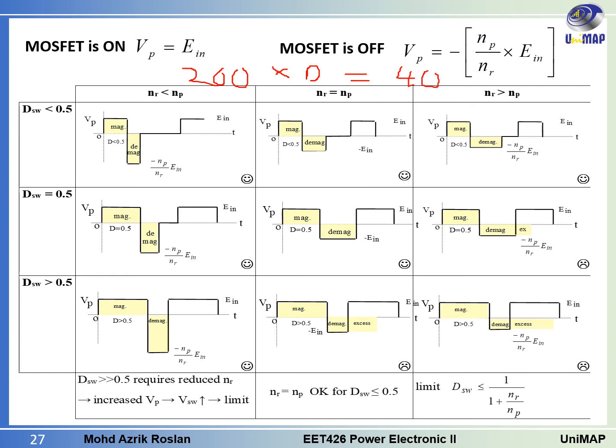The duty cycle I mean here is the amount of time from here to here. This is the duty cycle to discharge during the switch off time, right? So what is the value of D? D is equal to 40 divided by 100, divided by 200.